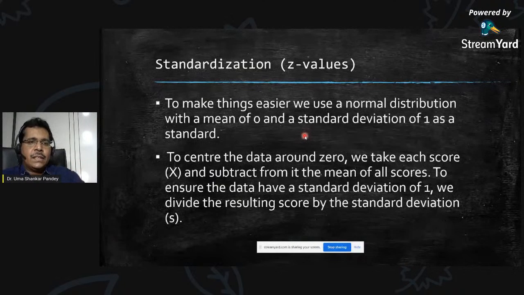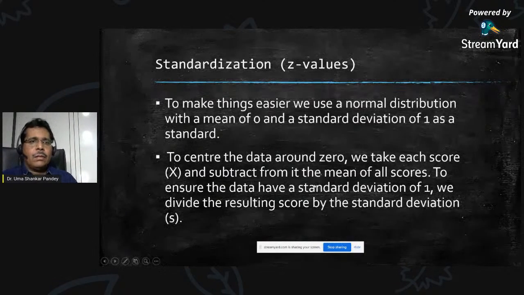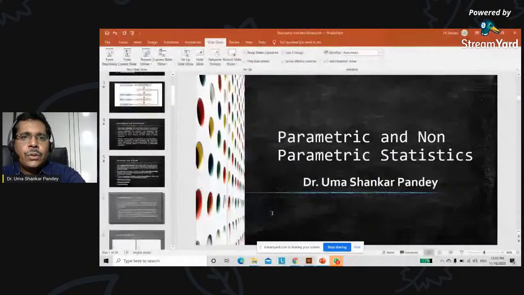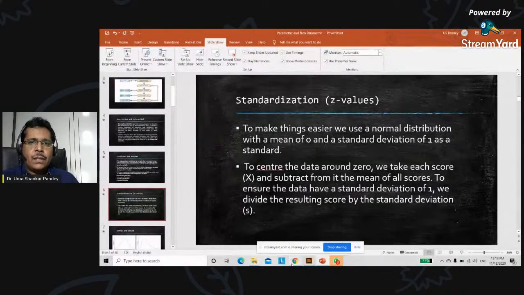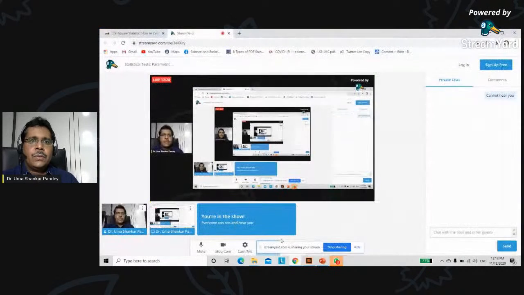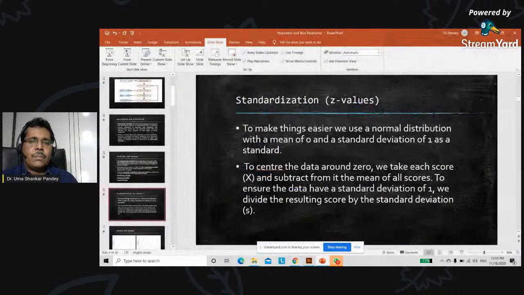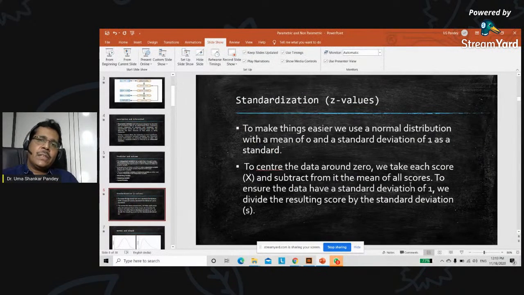If my data is very variable, then probably I'm talking about a different kind of situation. But if my data is very narrow, then I'm talking of a different kind of standard deviation. So standard deviation depends on the variance.